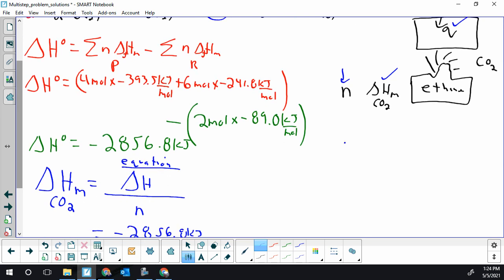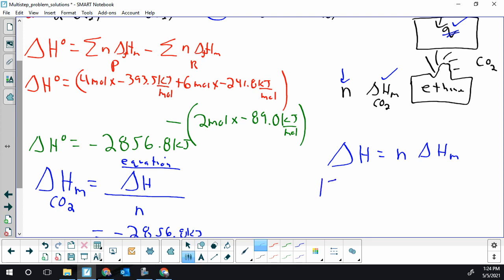Okay. So the change in enthalpy that created this Q is going to equal the moles times the molar enthalpy of the chemical that was created in the combustion.